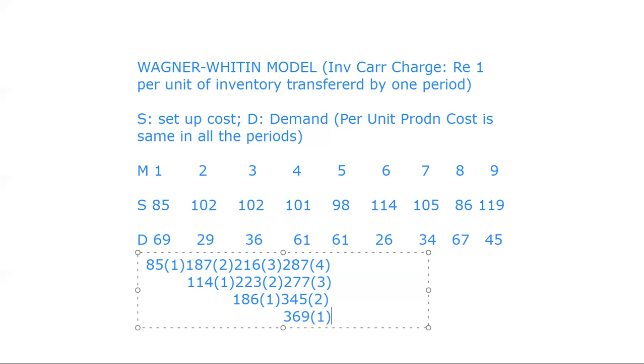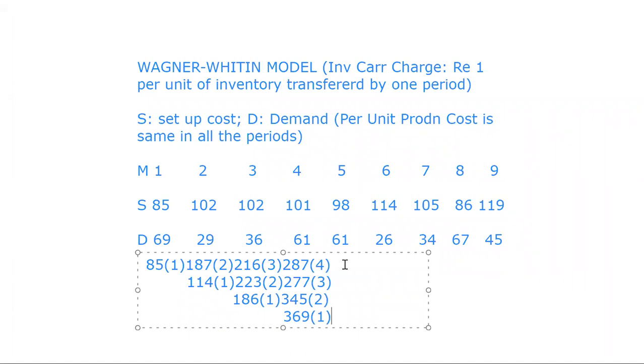So I produce in period number 1 and I produce in period number 3. And the optimal cost is 277. And by the Wagner-Whitin theorem, which says that I_{T-1}* P_T is equal to 0 for an optimal schedule, we are assured that 277 is the optimal solution for a 4-period problem.